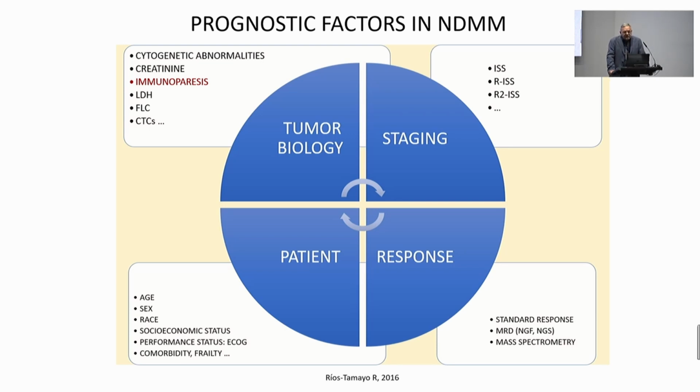The prognostic factors of multiple myeloma can be divided in 4 main groups. The first one is related to biomarkers of tumor biology. Here we have a myriad of biomarkers, for instance, the cytogenetic abnormalities, renal function, and interestingly, the immunoparesis is located here.